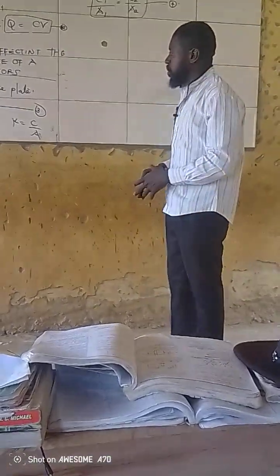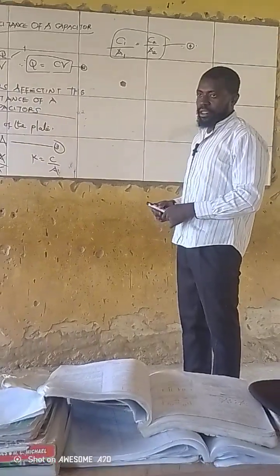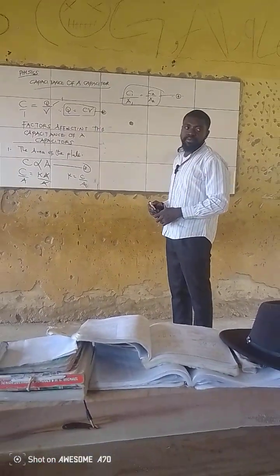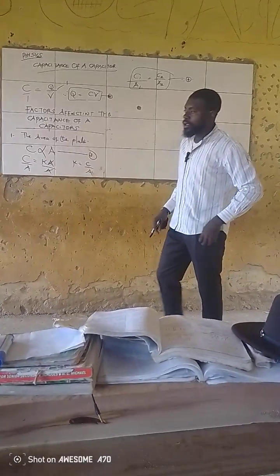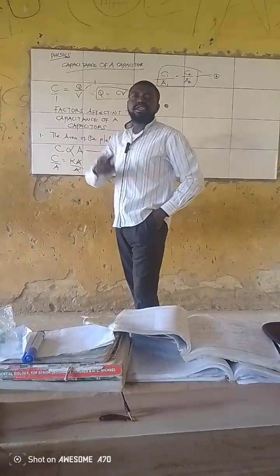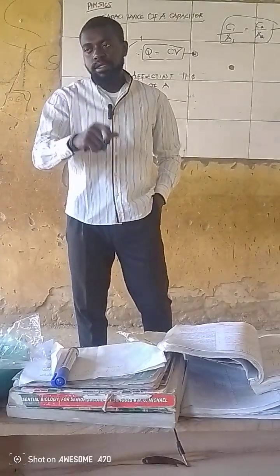The next one is the distance of the plate. The capacitance of the capacitor is inversely proportional to the distance of the plate.